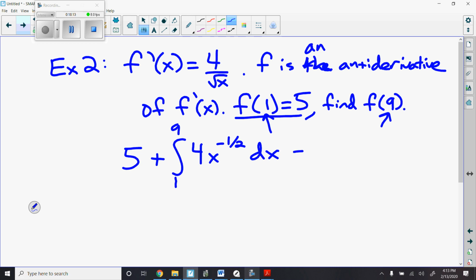Okay? Solving this will give me the value of f of 9. Okay, so my initial condition of 5 plus the integral from my initial value of 1 to the value that I want, 9, of my function 4x to the negative half, right, or 4 over root x. That will give me my value of f of 9. Okay, so let's go ahead and calculate this thing out.